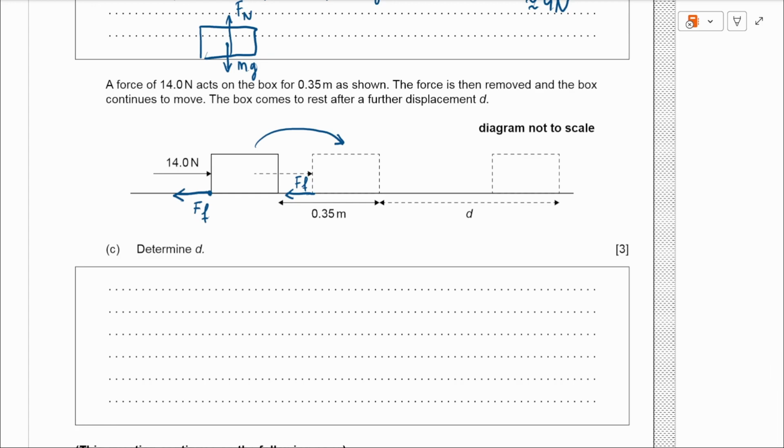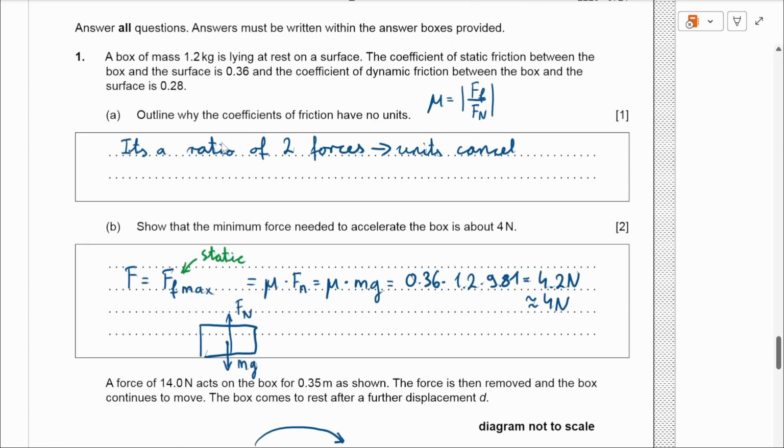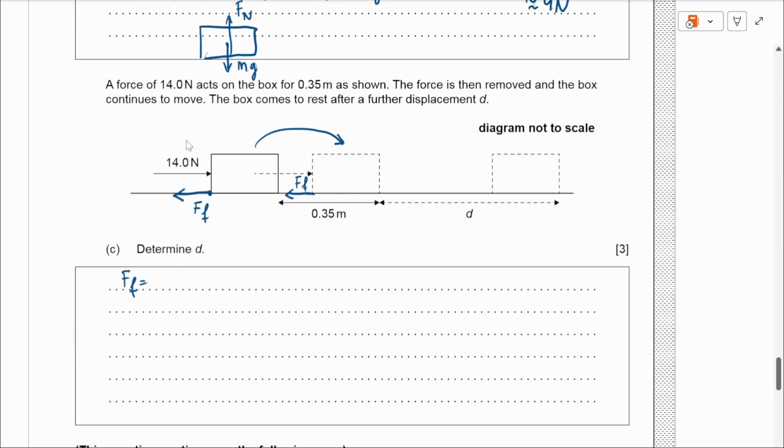So the frictional force, firstly, is not the same as in the previous question, because now we are moving, so we need the dynamic friction. So there's a smaller frictional force once we start moving. So dynamic friction times mg. That will give us 3.29 newtons.